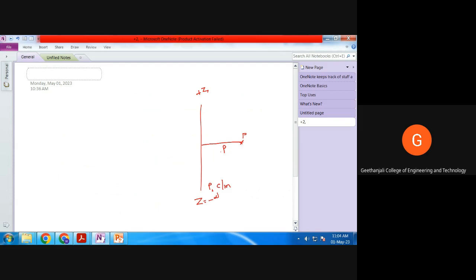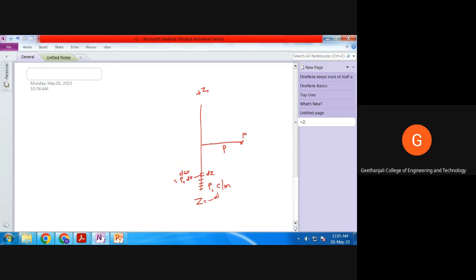Now what I'm going to do is divide this line charge into small segments, each of incremental length dl. So now dl is represented as dz, because it is placed along the z-axis. When you consider one such dz, it has a charge dq, which is given by rho L into dz.